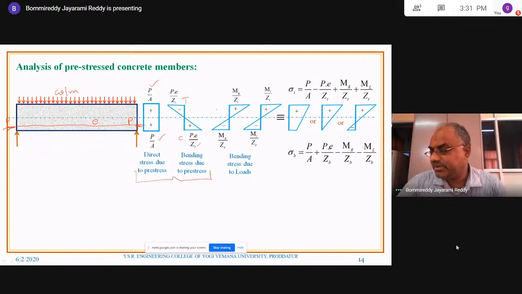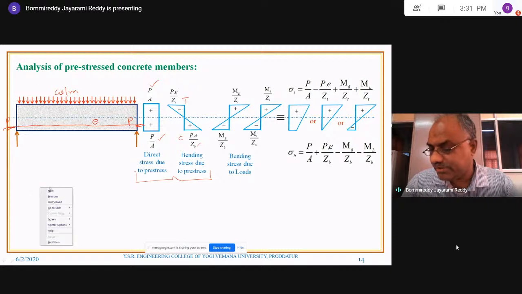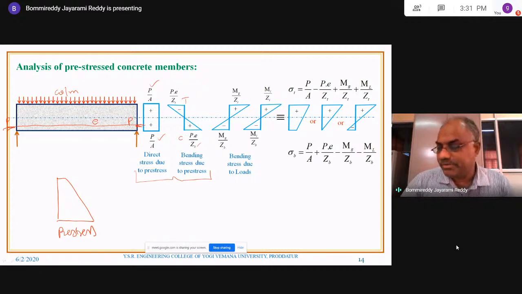And because of the pre-stress, the resultant diagram may be like this. I already told you, it is only because of the pre-stress. That means the entire structure is under compressive stress, or sometimes it may have zero stress at the top, or a very small magnitude of tension at the top and more compression at the bottom.